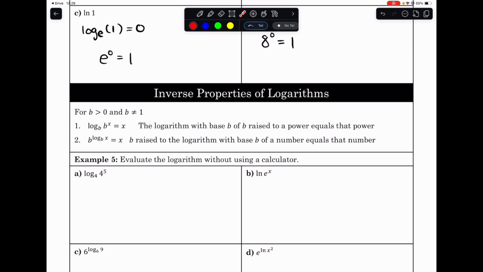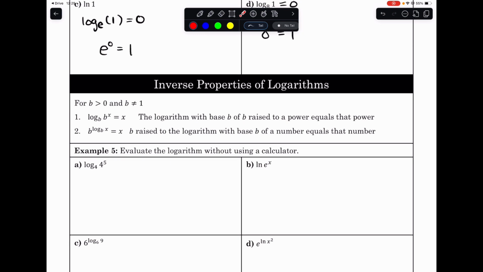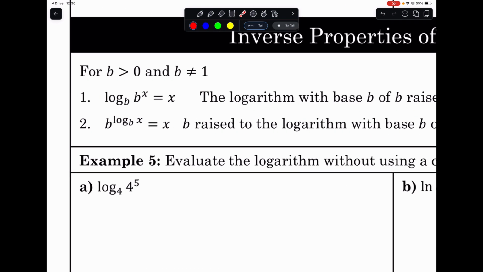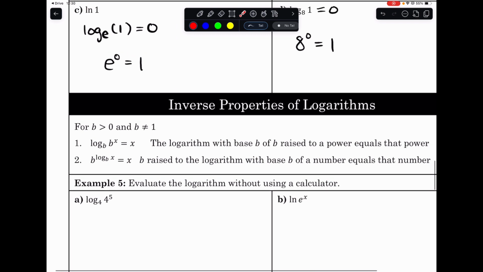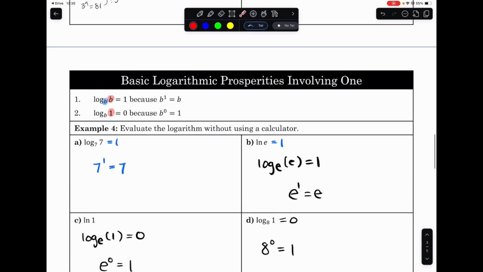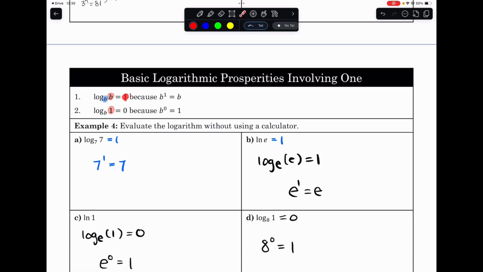The first property, given that b is a positive number not equal to 1, is that the log base b of b to the x, as you see right here, is going to end up equaling x. This has to do with this property right here of equaling 1. This basic property of 1.